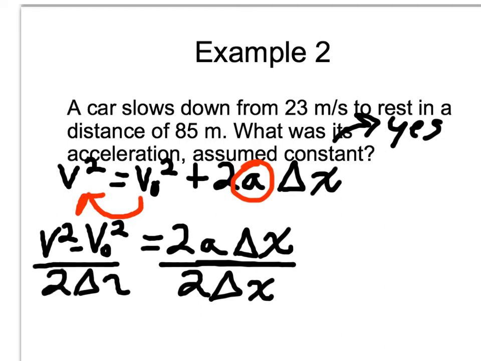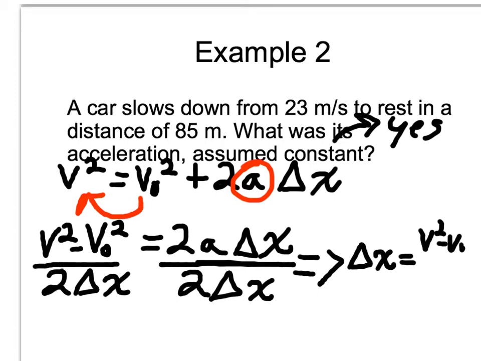Okay, so mistake I made. Delta x is not the thing left over here. It is a. So a equals v squared minus v naught squared all over 2 delta x.